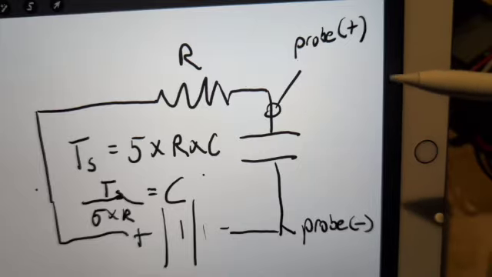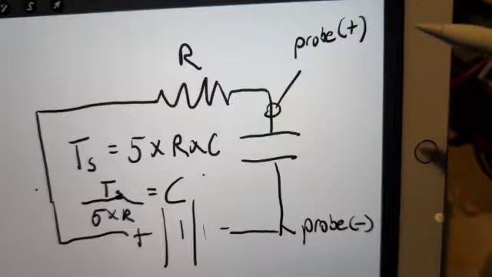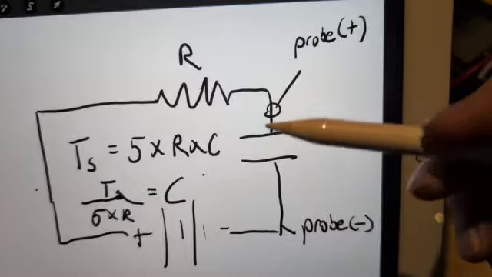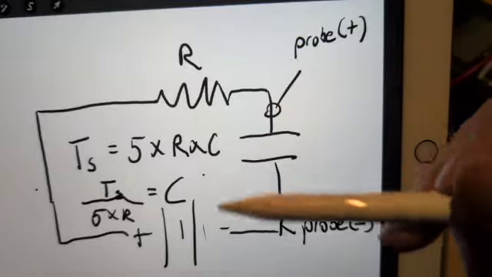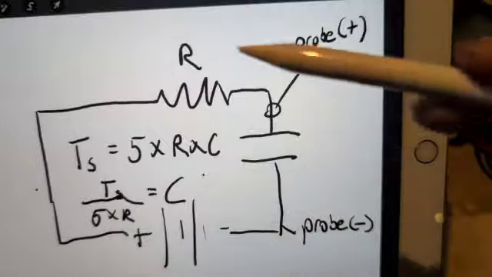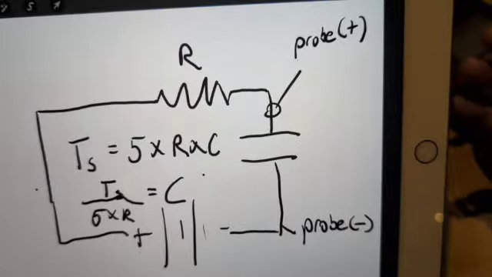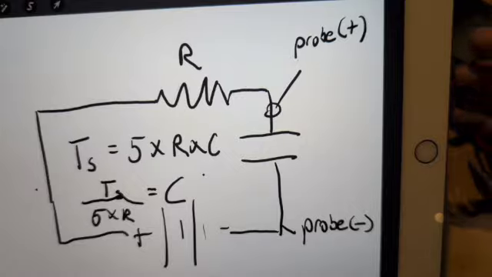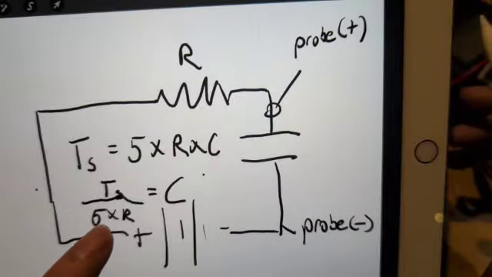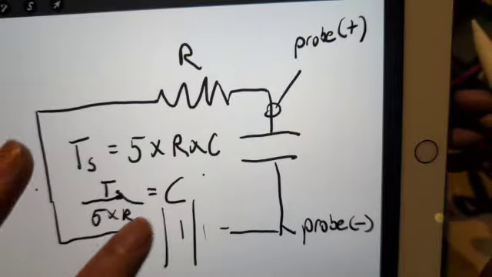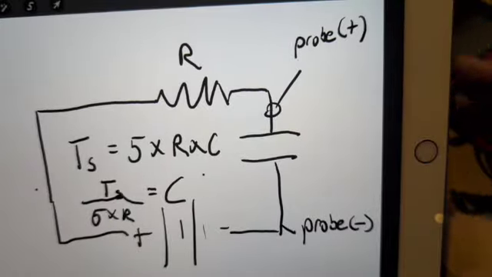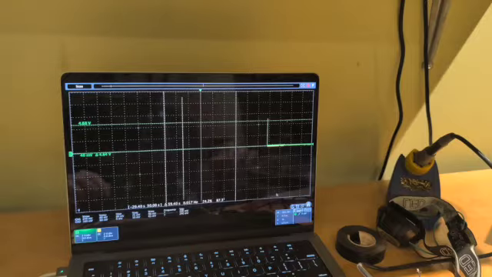If we're applying a constant voltage of, let's say, 5 volts to the capacitor from this battery through the resistor, and we measure how long it takes to charge this capacitor to its limit, which is 5 volts, then we can plug that number in here and solve for the capacitance. So let's go and do that. Check this setup.